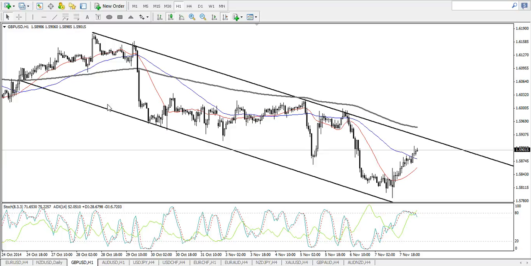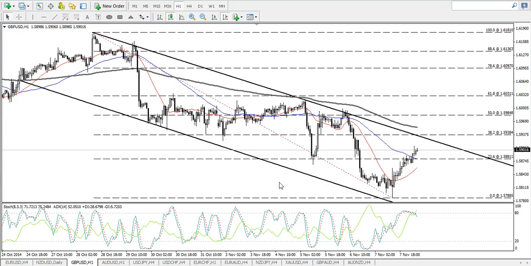If we were to plot a Fibonacci retracement from the top to the bottom, we are waiting for price to reach the retracement level of 38.2%, price of 1.5938, to wait for a short opportunity.